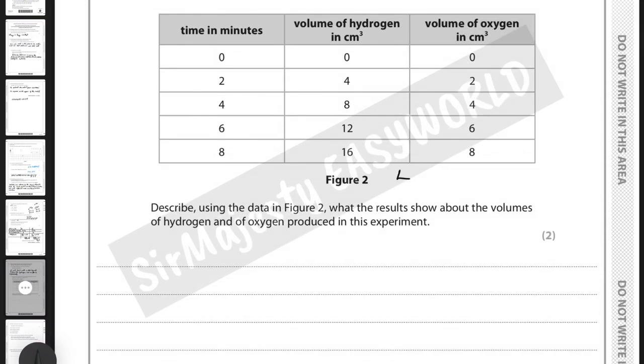If you take a look at the ratio 4:2, after the next 2 minutes, which is after 4 minutes, the ratio is 8:4. Taking it further, the ratio is also 12:6. Then again 16:8. At the end, the ratio 4:2 is the same thing, divide by the lowest of them. If you divide all of them, they are all giving us 2:1, 2:1, 2:1, 2:1.